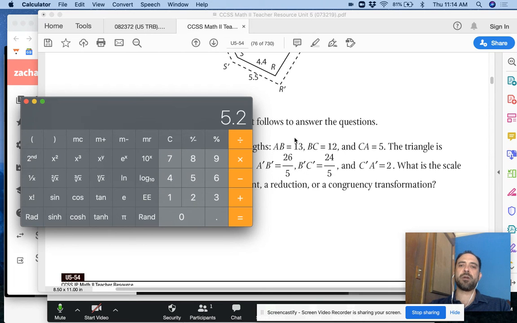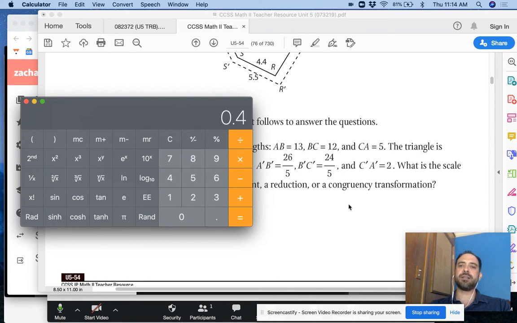So what do I multiply 13 by to get to 5.2? We multiply by 0.4. So think of it: 13x is equal to 5.2. We divide by 13 to get what x is. 0.4. Now that's a scale factor.